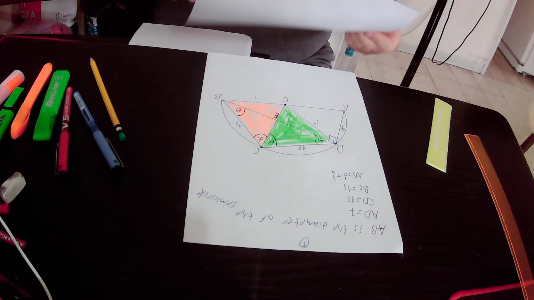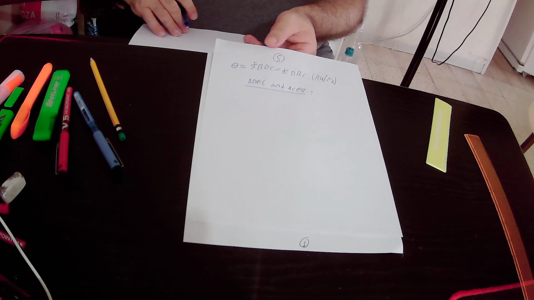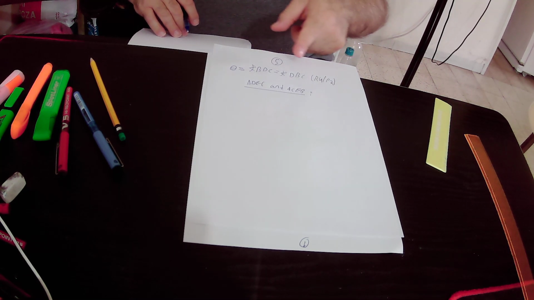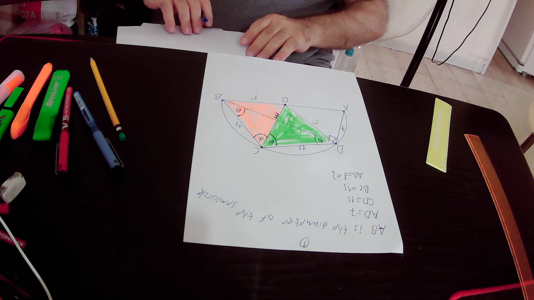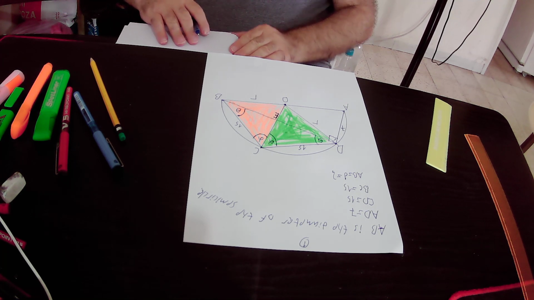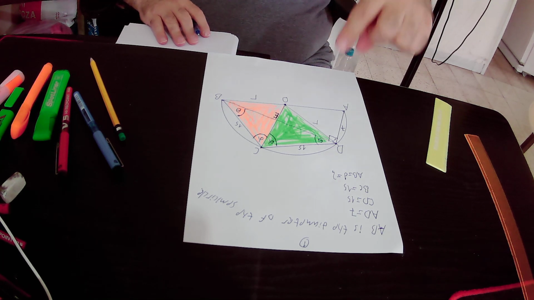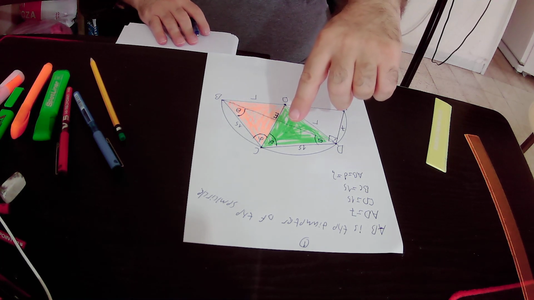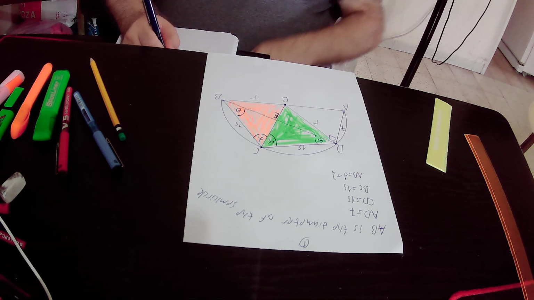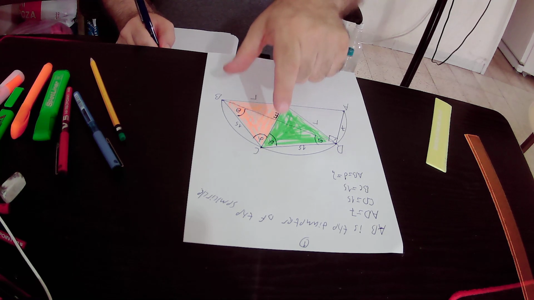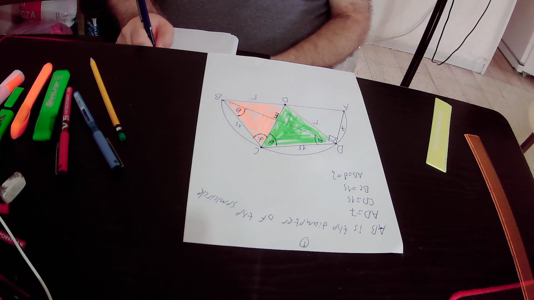Okay, again, we will focus on the green triangle, triangle DEC, and the orange triangle, triangle CEB. On those two triangles, side DC on the green triangle equals side CB on the orange triangle. Both those two sides are equal to 15 units in their sizes.